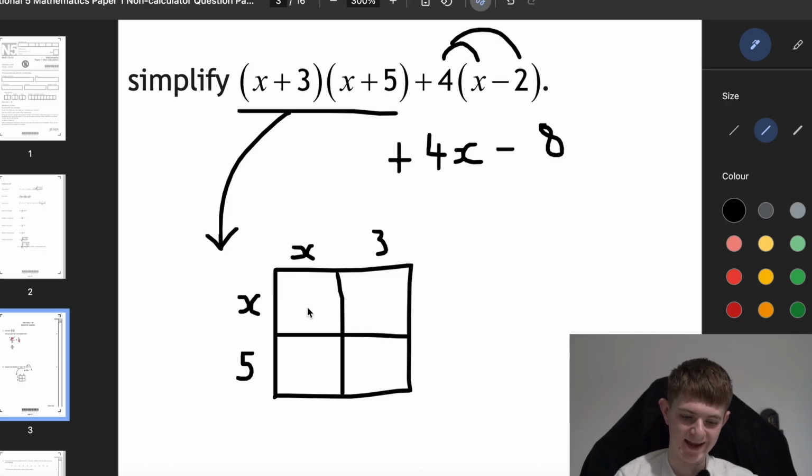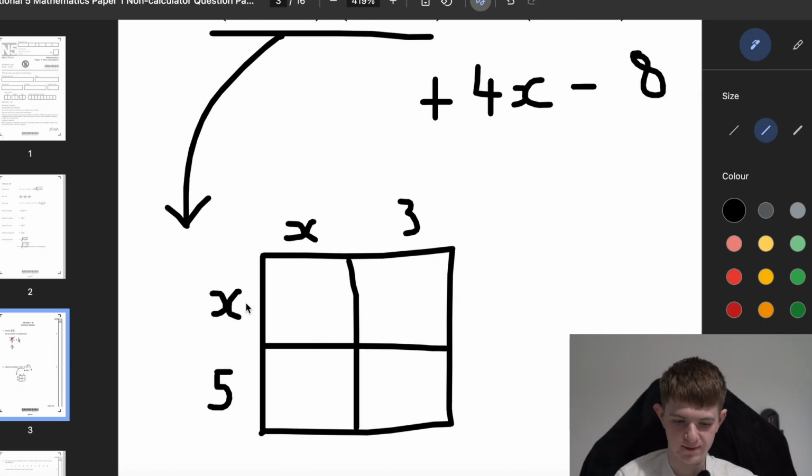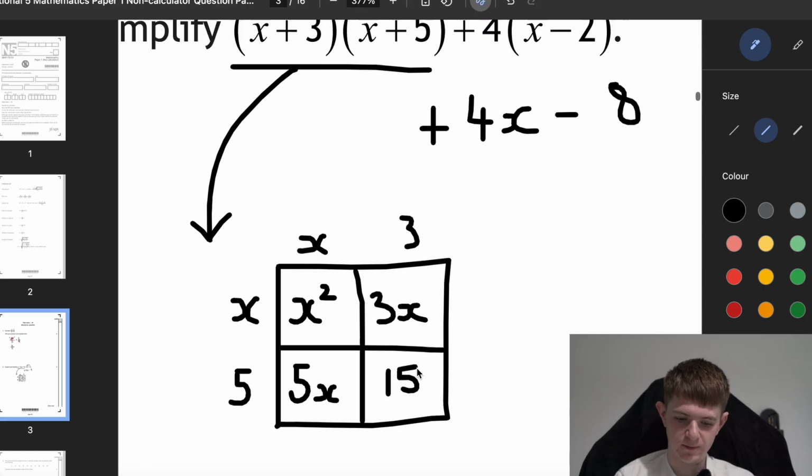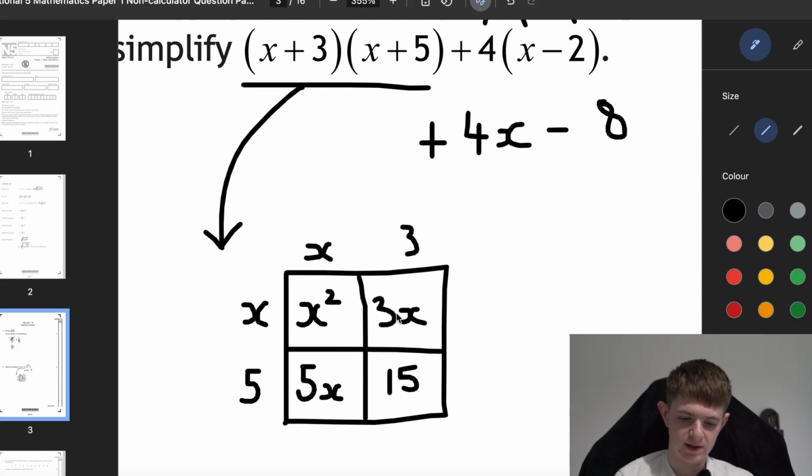Now we'll go into it and figure out what's inside the box. So the x times x is going to get us x squared. The 3 times x is going to get us 3x. The 5 times the x is going to get us 5x. And the bottom right there is going to get us just 15. So we've got x squared, 3x, 5x and 15.